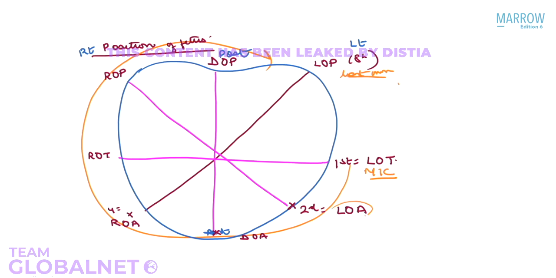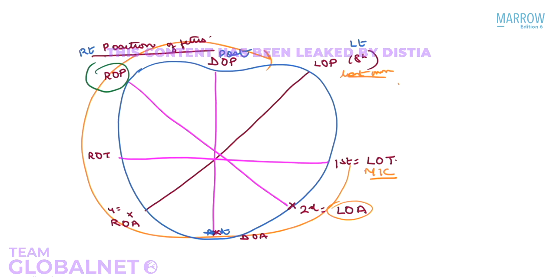It is left occipito-anterior position, which is most common. Now, look at this image and tell me, amongst occipito-posterior positions, which is more common? We can see here that right occipito-posterior position will be more common than left occipito-posterior position, right?